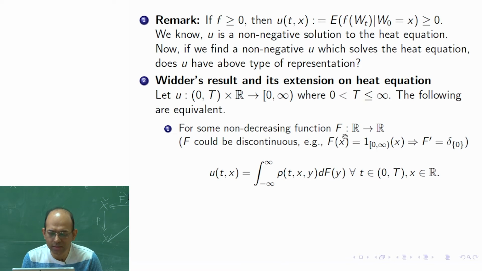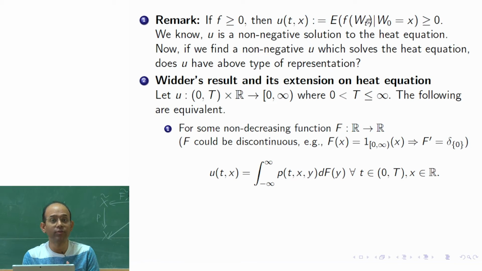For such functions, which are discontinuous, we cannot talk about the derivative. It is not differentiable. So this Stieltjes integral cannot be further reduced to dF of y divided by dy into dy. We cannot write it that way. So it is a little different from the expression where we had u of t, x equal to the expectation of small f of W_t.